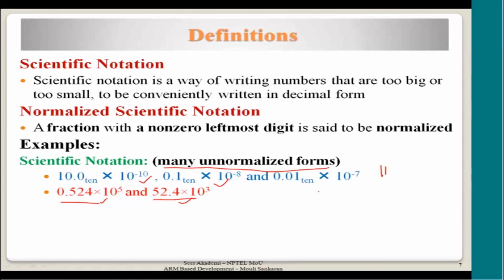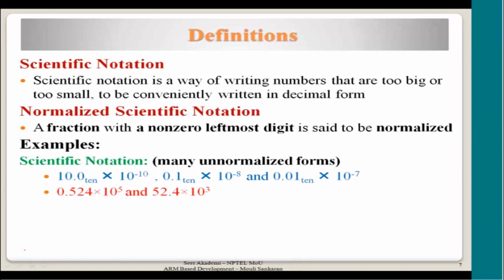So I can have n number of notations, both for positive smaller or bigger values, and for negative values. Normally we don't write plus if it is already a positive number, but we represent a negative number with a negative sign. If we put a negative, you get the other range of numbers, the other side of the 0. So there are infinite representations using this notation, which is called scientific notation.